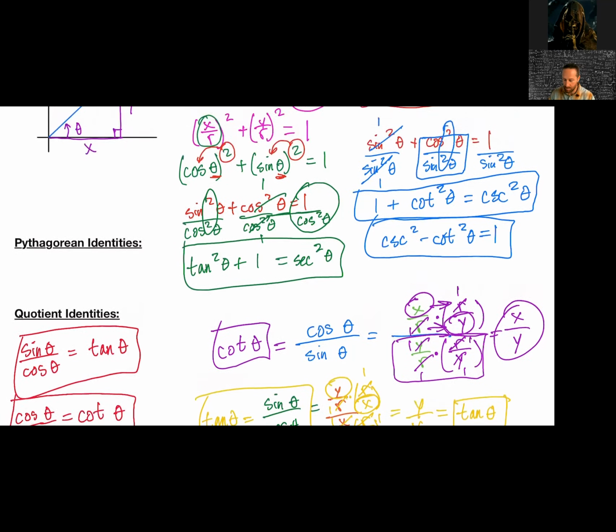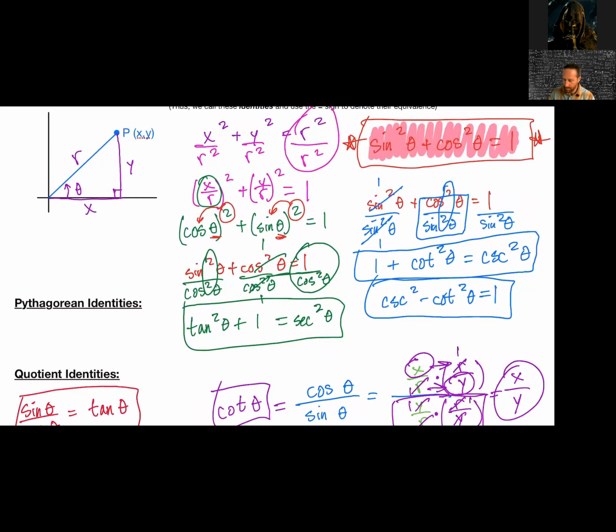And then we got our 3 Pythagorean identities. The main one, sine squared plus cosine squared of the same angle will always give you a 1. As long as these angles are the same, they're squared and added together in any order, it's equal to 1, which means you can replace all of this with a 1. And that'd be really nice. That's a great identity.